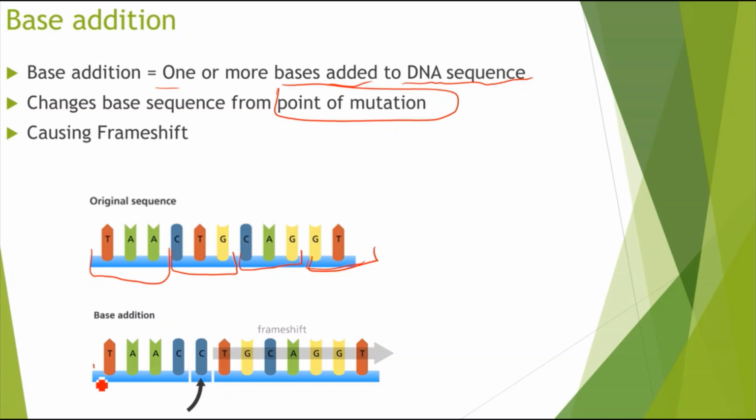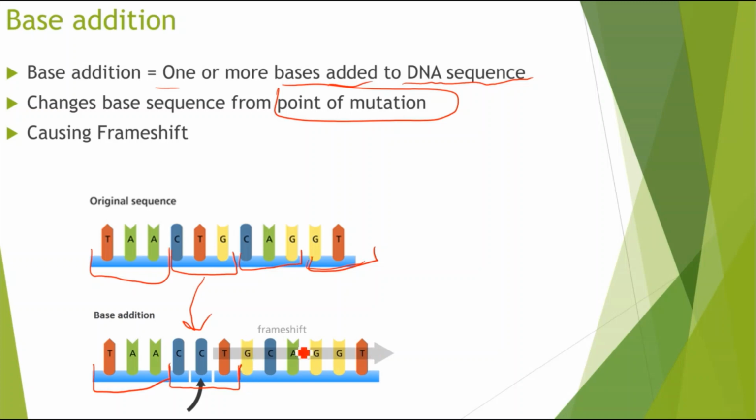What this causes, even though the first triplet would be the same, TAA, so that would be coding for the same amino acid, but then if we look at the next one, we have CCT. So we've gone from CTG to CCT, but it's not just this that has been mutated.